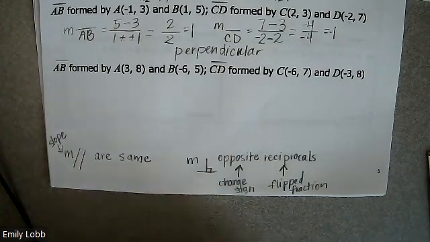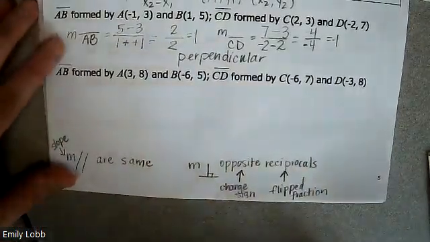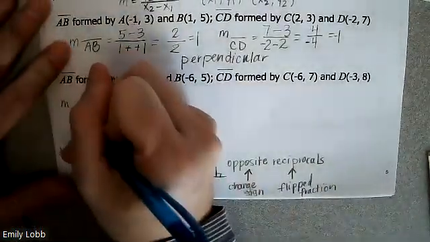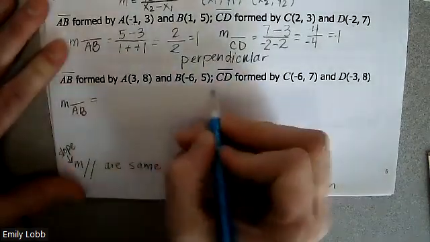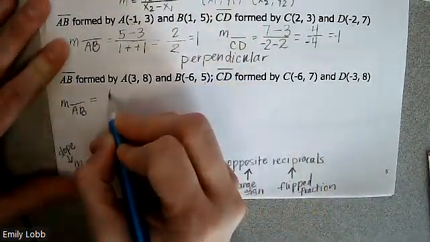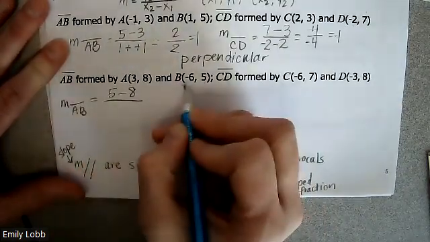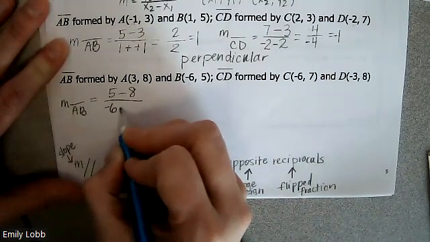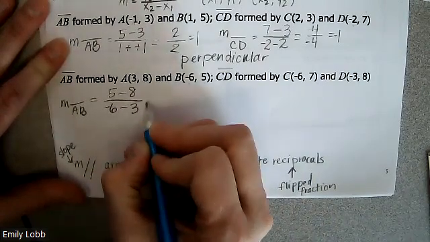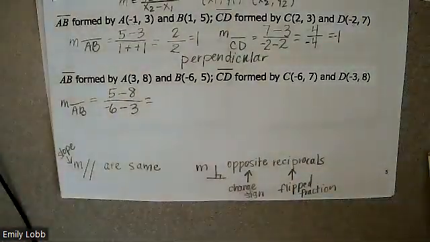That was super helpful. All right, so now we're doing the same thing with AB and CD on the last one. So our slope of AB is y2, 5, minus y1, 8, all over -6, which is x1, minus x2. So here we have 5 minus 8, which is what?